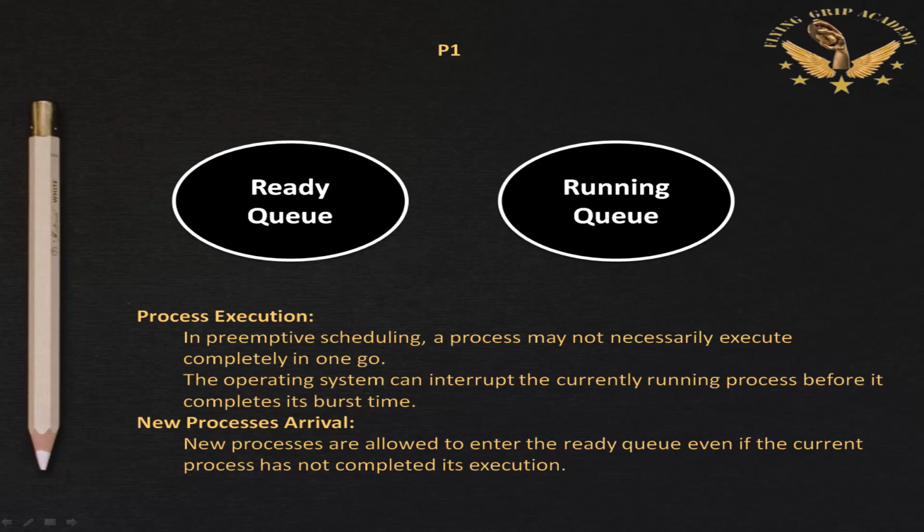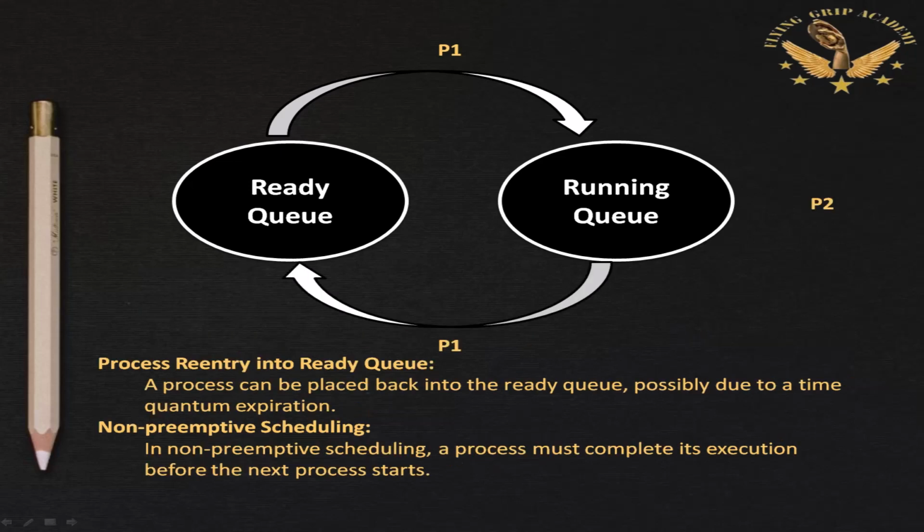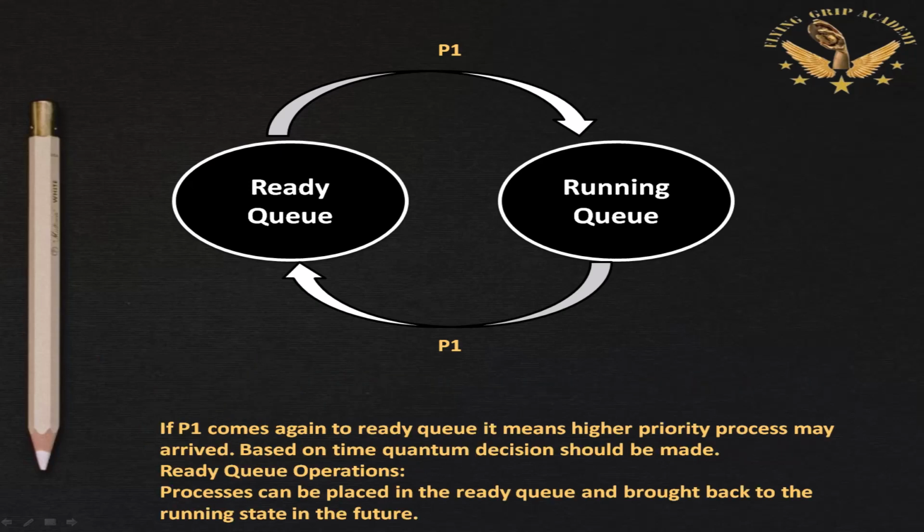Here P1 goes from the ready queue to the running queue, and P2 arrives in the ready queue and has to run its task, so P1 has to wait in the ready queue until P2 completes. Once P2 has completed, P1 again comes to the running queue. If P1 comes again to the ready queue, it means a higher priority process may have arrived. Based upon the time quantum, the decision should be made.